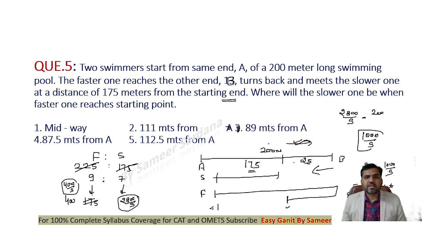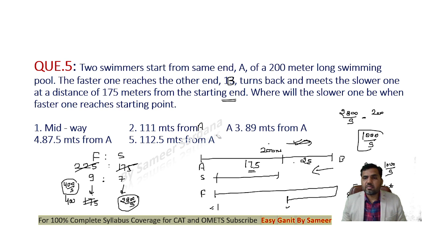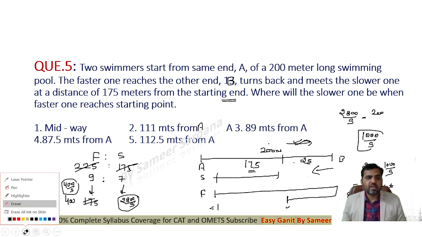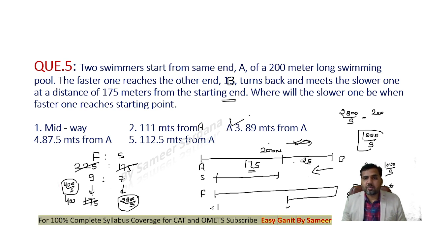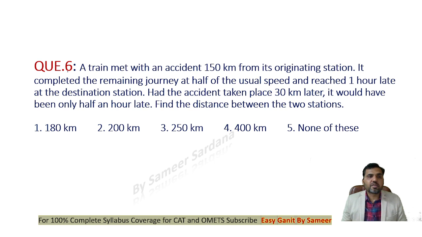So A has to be over here, 88.9 meter, 88.88 meter from A. So yes, that's the correct answer. Option 3 would be the correct answer, approximately 89 meter from A. That's a fine answer.